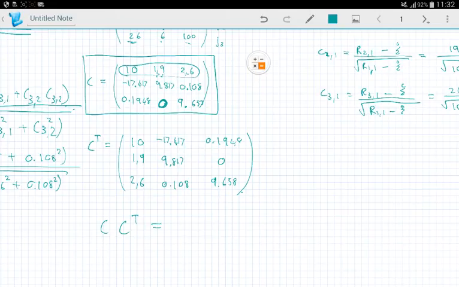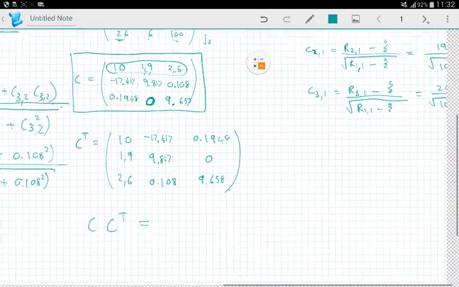Okay, so now we got our matrix A. No, did I just kill it? No, damn it. That was all.